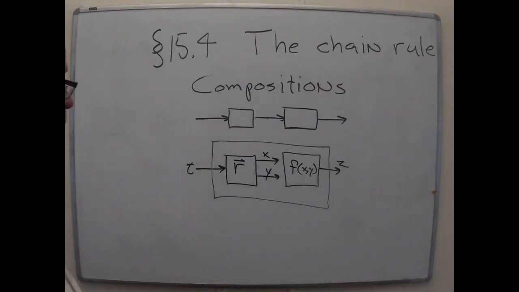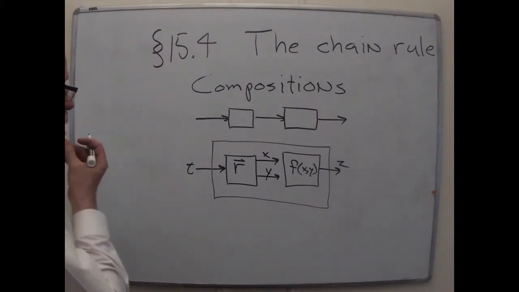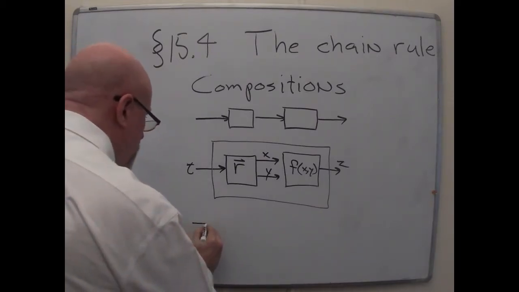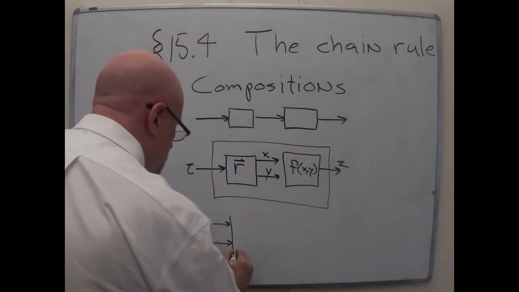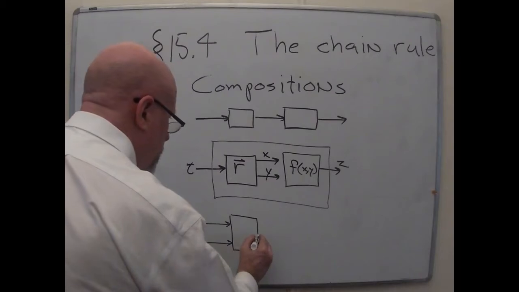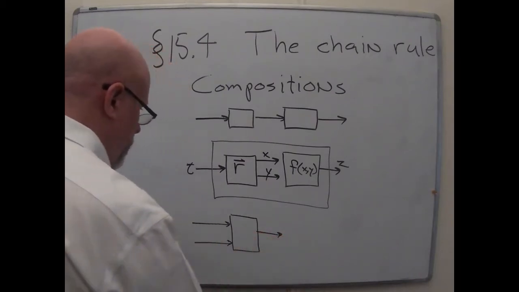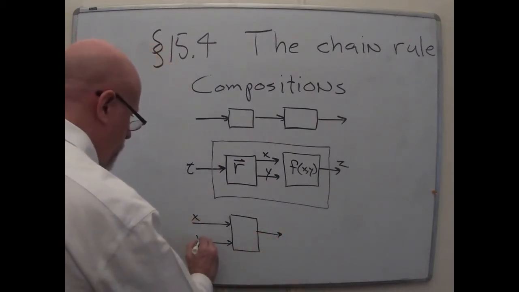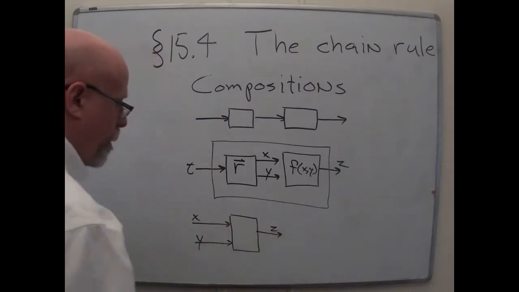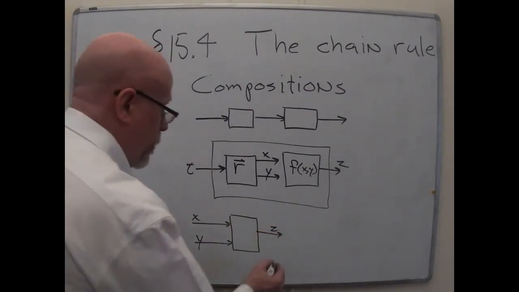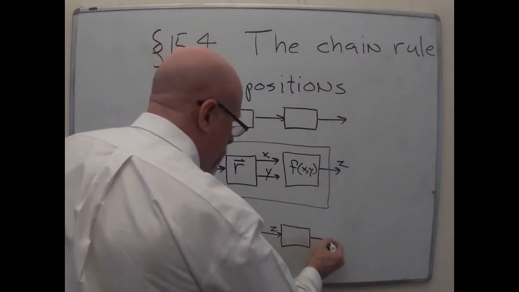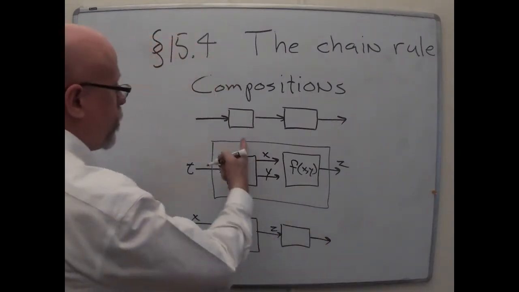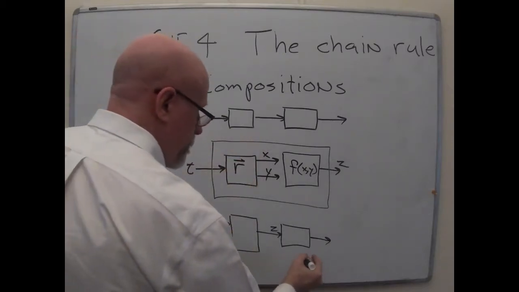For instance, let me give you an example like this. Suppose I had two inputs, x and y, and a single output. So that you might think of this as x and y going to z. But then, one thing you could do from there is just have one more function. That's an ordinary Calc 1 style function.